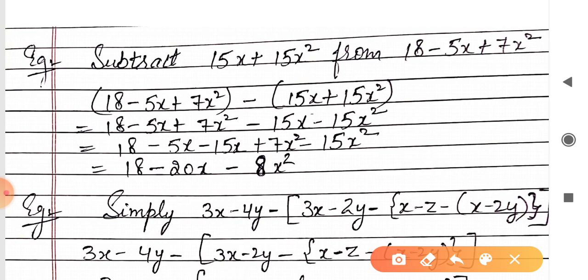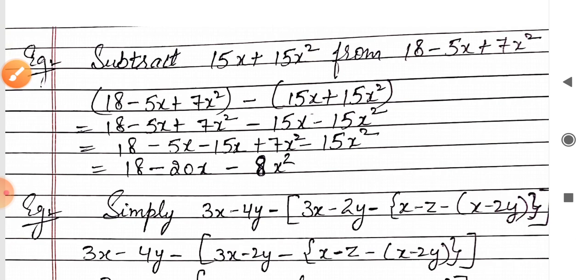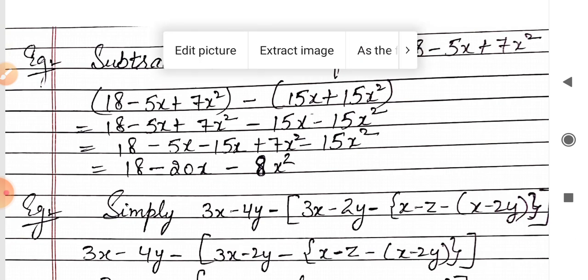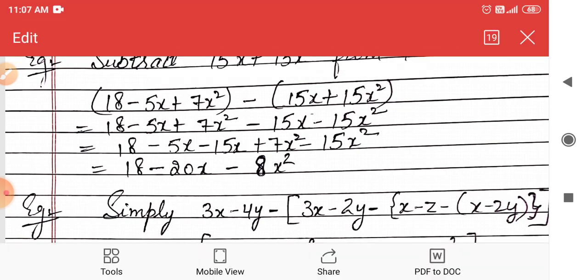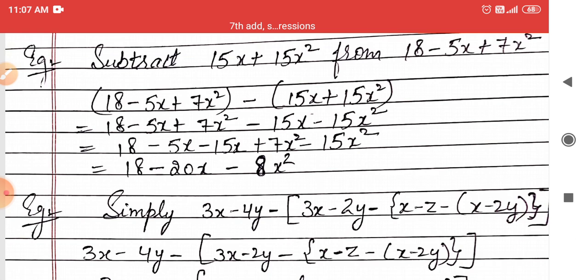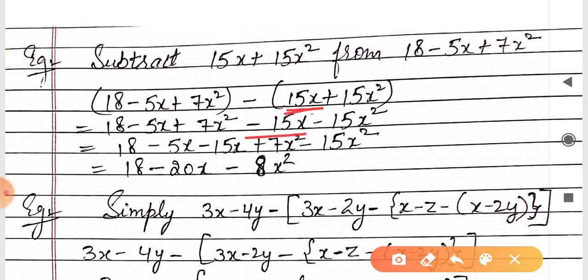Now in the next step we will open the brackets, remove these brackets. The first expression will be written as it is, 18 minus 5x plus 7x square, and then the signs of the second expression will be changed. The second expression is 15x plus 15x square. The sign of 15x is positive, so it will be changed into a negative sign.